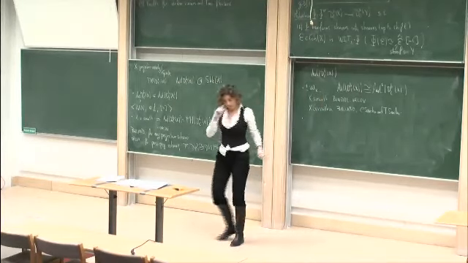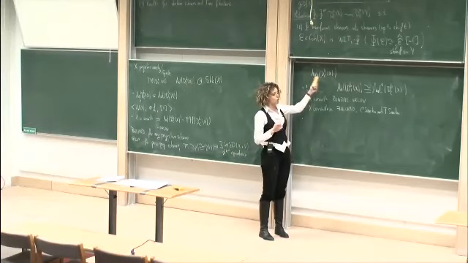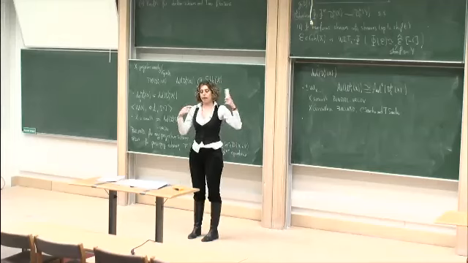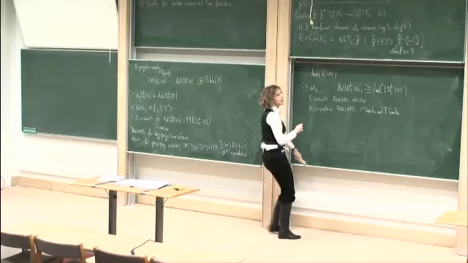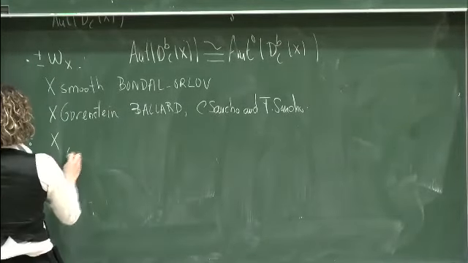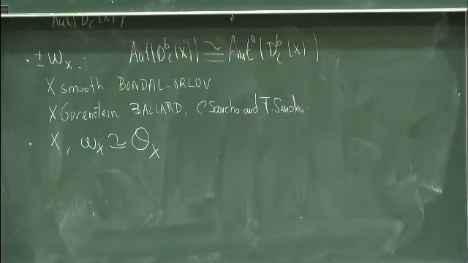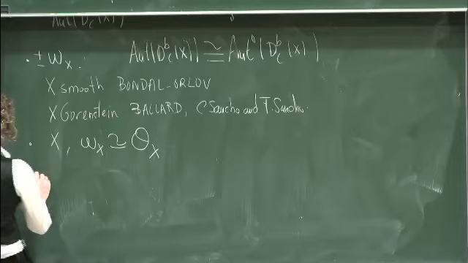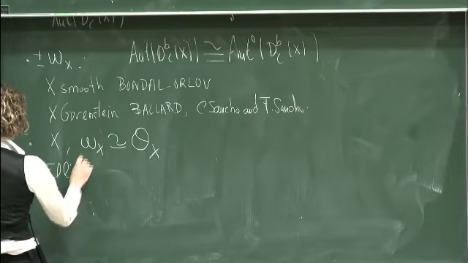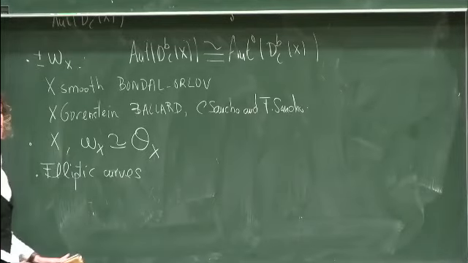In fact, the general idea is that this group is more interesting as your variety has canonical bundle tending to the trivial bundle. I mean, when the variety is Calabi-Yau. So it seems to be especially interesting when your variety has trivial canonical bundle. So in this case, the group has been studied also for some cases in dimension 1, that is for elliptic curves. The group has completely been determined.